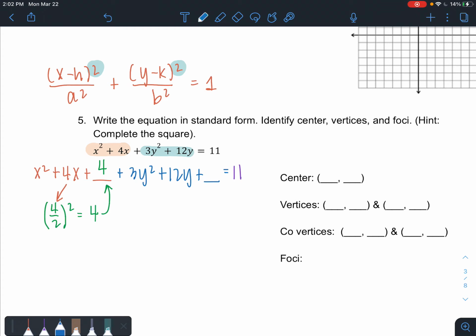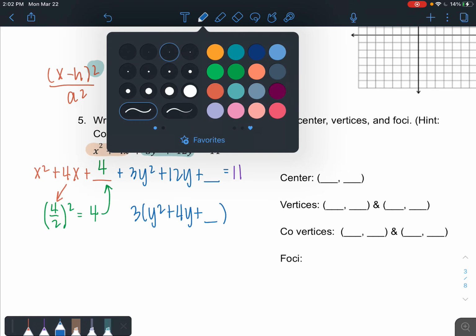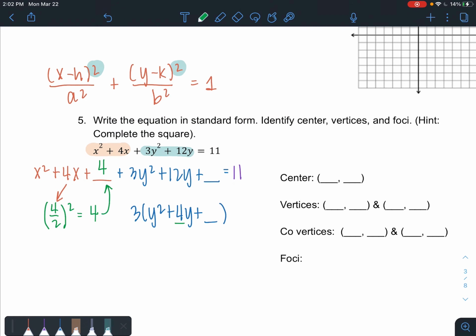Okay, for this one, I actually need to factor it first. So I have 3y squared plus 4y plus something. So I'm going to take this number, divide it by 2, and square it. That gives me 4.